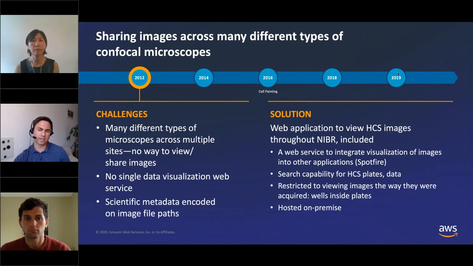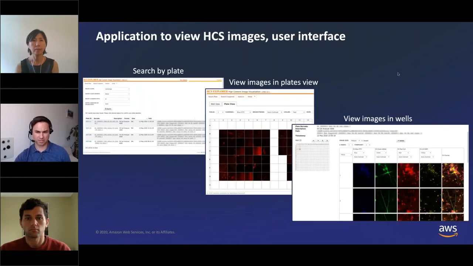One of them was that to view the images, you had to view them in the way that they were acquired. So you could think of images inside of a well in a field across channels. There was no other way to view them. And we hosted this on-prem. Here's what the app sort of looked like back then.